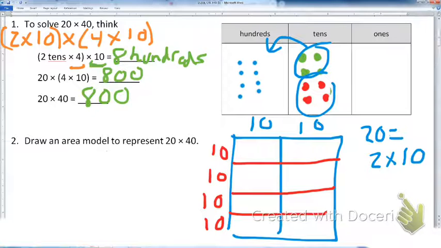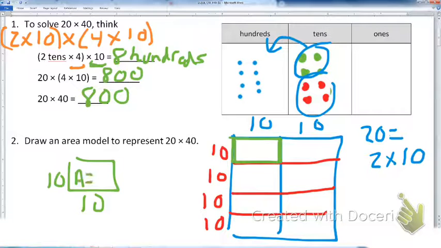Each one of these boxes is 10 by 10. A 10 by 10 box has an area that equals 100. So think about that. Each one of those boxes is an area of 100. So how many boxes do we have?